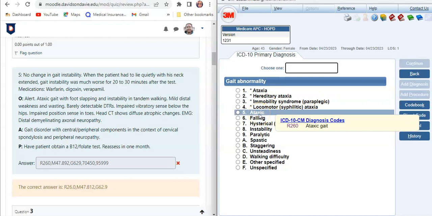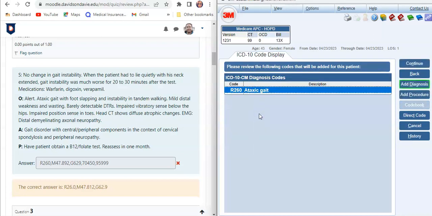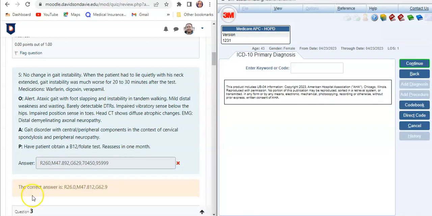And right here it actually says ataxic gait. Okay. Oh, perfect. Ataxic gait, R26.0. And you can see where I got that wrong because I didn't enter the points because I was just typing in what I found. I think I was just so happy that I was actually getting them right, but I ended up getting them wrong. So, on to the next one.